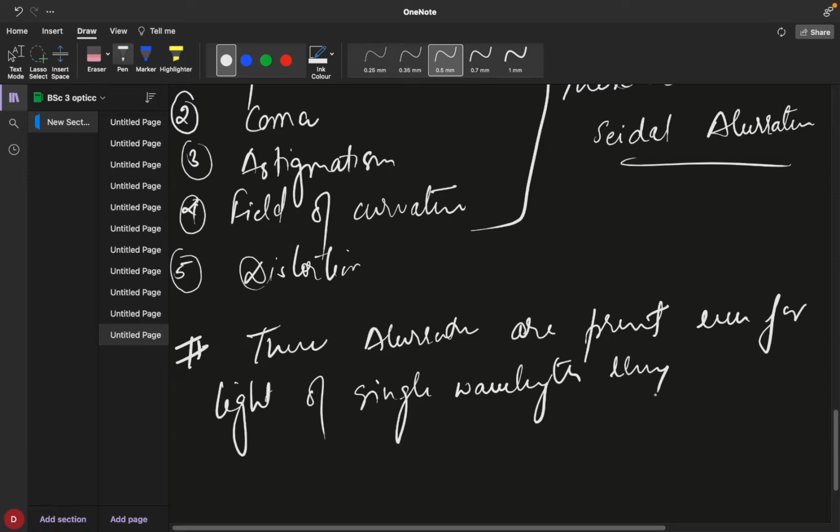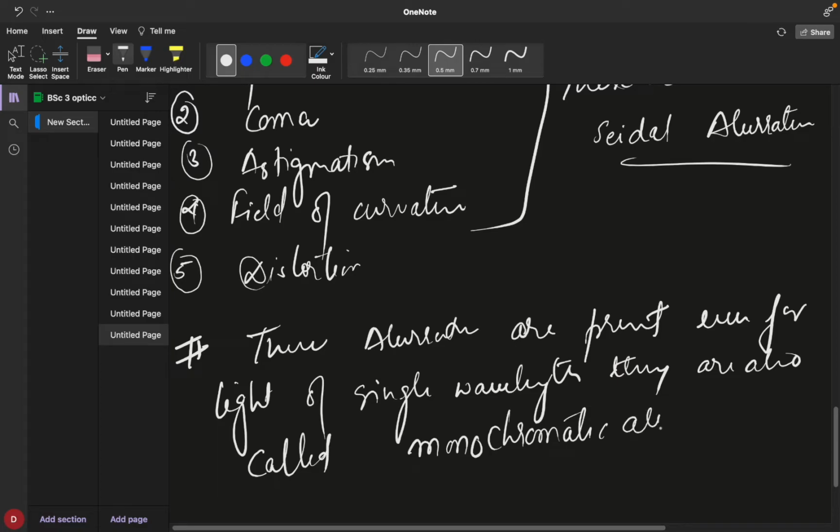They are also called monochromatic aberrations. If you are dealing with a single wavelength, then this is monochromatic aberration.